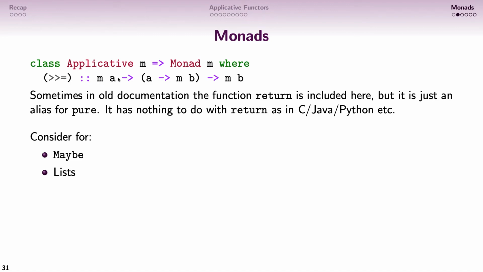This could be maybe, it could be lists, it could be I/O, it could be state of A, and then a function that, based on the result of the first computation or container or what have you, will choose the next computation to run, and then it will combine the first computation, the function, and that next computation into one overall computation that returns a B, right? So that's the bind method, and there's plenty of instances.